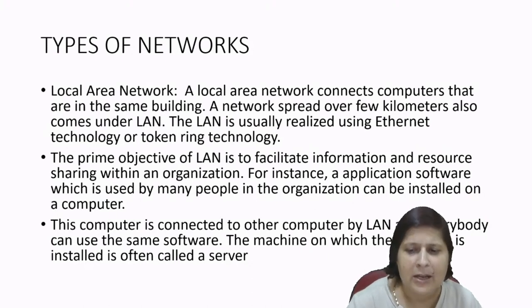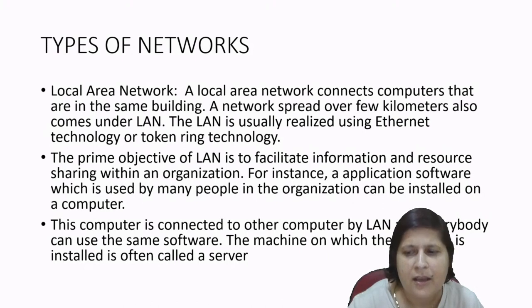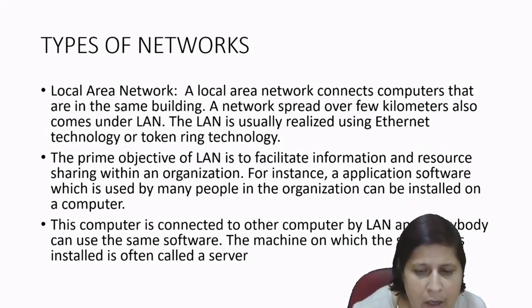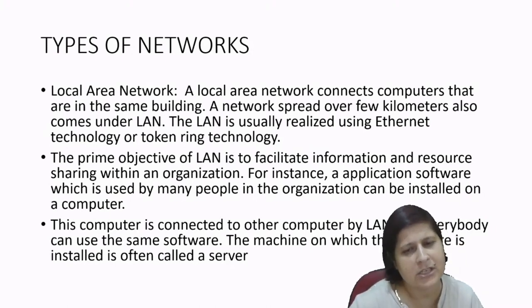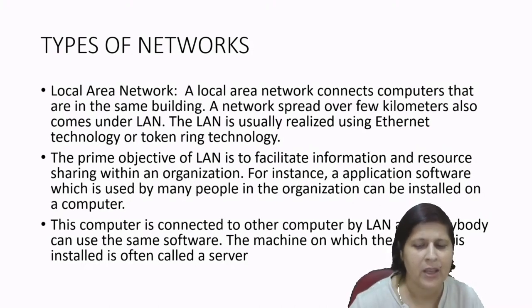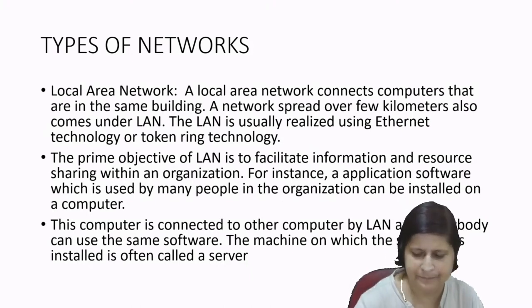So it helps in getting the information and sharing the resources. This computer is connected to another computer by LAN, and everybody can use the same software because it has been shared. The machine on which the software is installed is called the server. Is it clear?